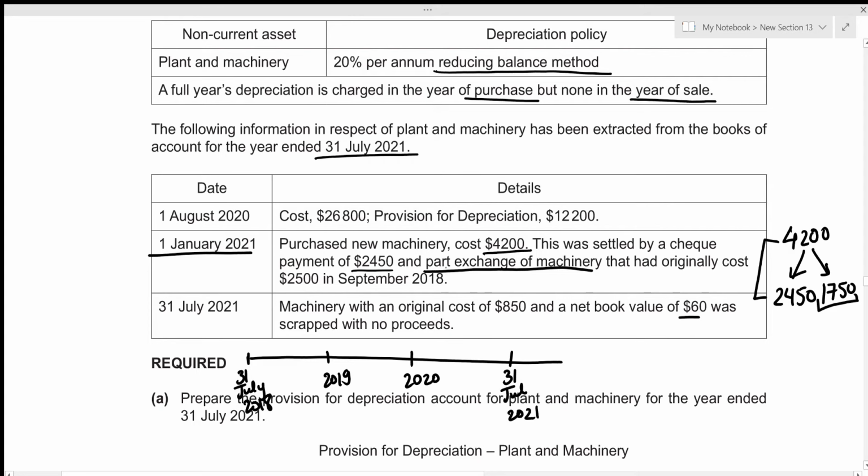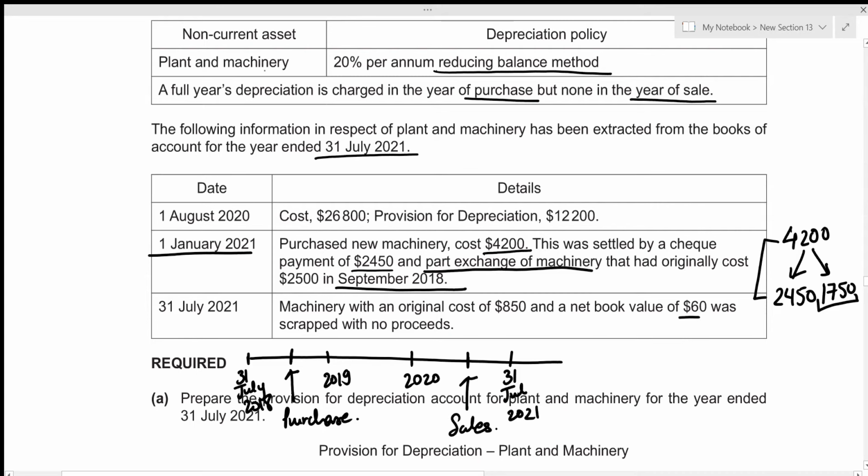And what we know is that this machinery was bought in September 2018. So September falls somewhere between 31st July 2018 and 31st July 2019, right? So we can just mark this as the purchase date. Then we are selling this machinery on 1st January 2021. Now this falls in between 31st July 2020 and 31st July 2021. So that's our sales date.